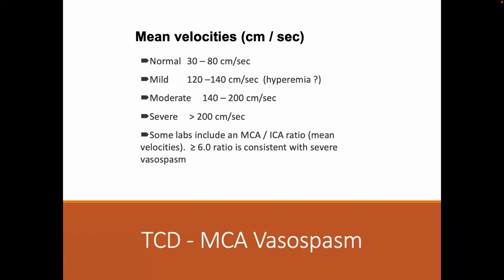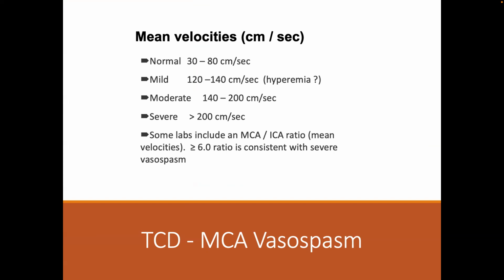So that MCA to ICA ratio helps to differentiate between high velocities that may indicate vasospasm, or conditions like hyperdynamic flow caused by different things like low hematocrit, increased blood pressure, that type of thing. So the ratio is really useful in helping to differentiate.